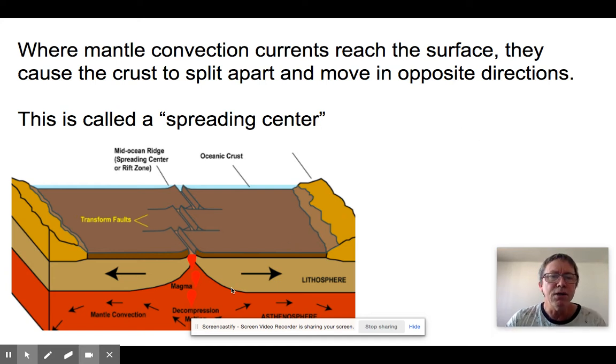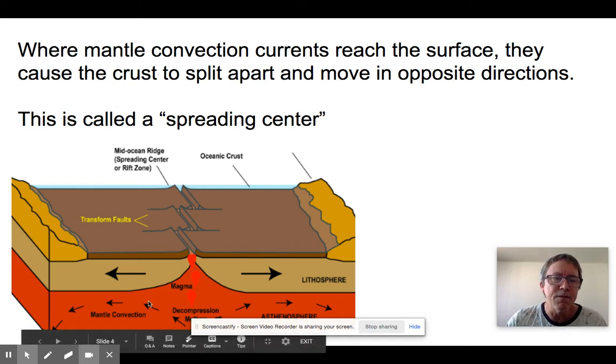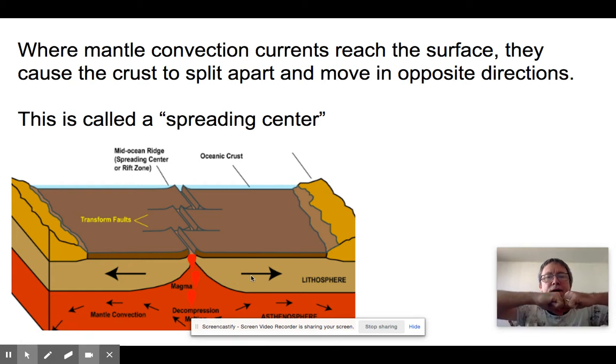So where these convection currents reach the surface, they have a tendency to cause a break or a crack in the surface. There's a thinning, and there's basically a pulling apart of the Earth's surface at that point. So part of it's trying to move one way, and part of it's trying to move the other way. And where it breaks, we get this region we call a spreading center.